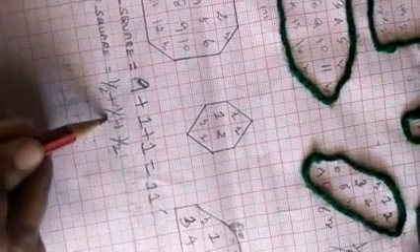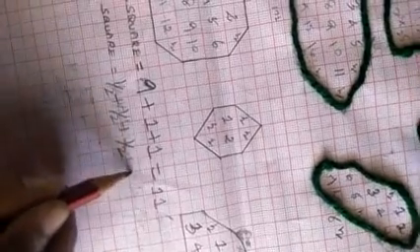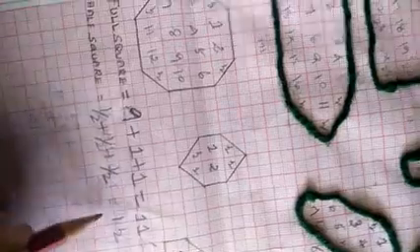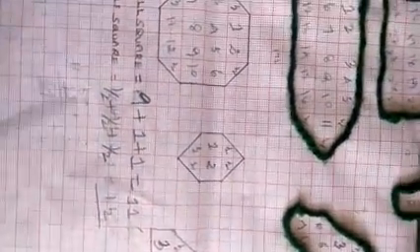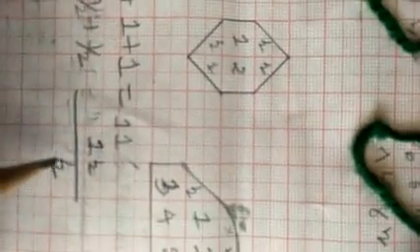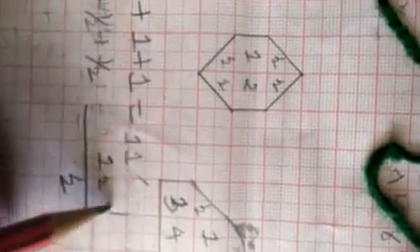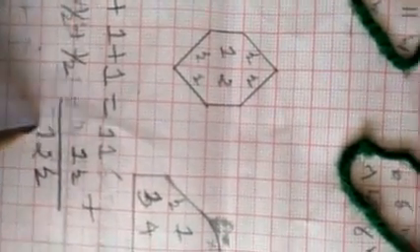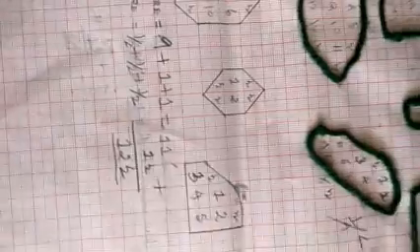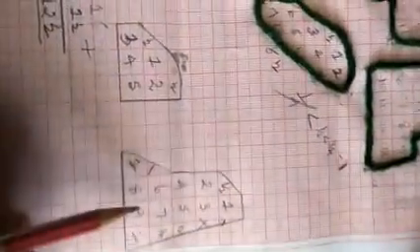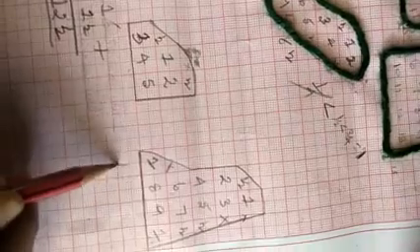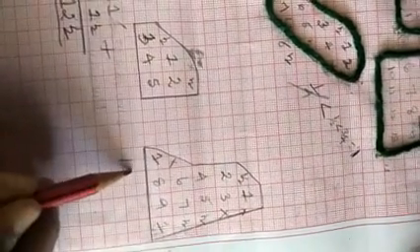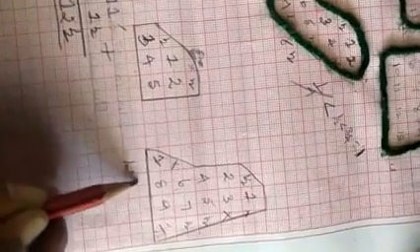Then half plus half is 1, 1 plus half is 1 and a half. Isn't it? So half and 1 plus 1, 2, here 1, so 1 brought down gives 12 and a half squares. So children, the area of this irregular shape is nothing but 12 and a half square units.